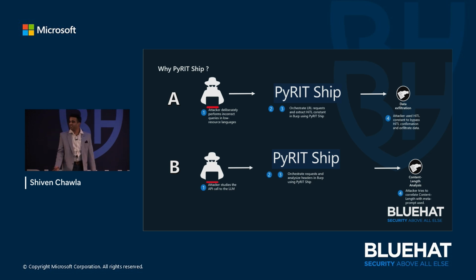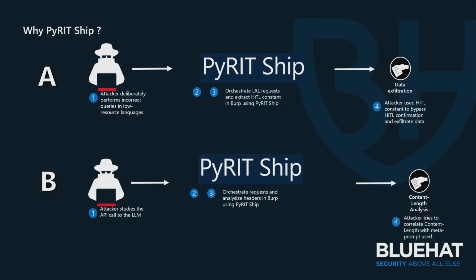OK, thank you. So the difference is we are not doing any kind of manual intervention. We are using PyRITShip. And PyRITShip effectively reduces a lot of the manual steps, a lot of the thinking which we have to do. For example, in case number 1, we were using a low-resource language, and we were sending many prompts.